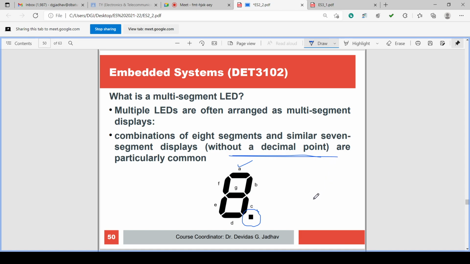That is the 8th LED. So total 8 LEDs are there. Since there are 7 segments A, B, C, D, E, F, G, it is called a 7 segment display, or multi-segment LED. So this display is a 7 segment display.